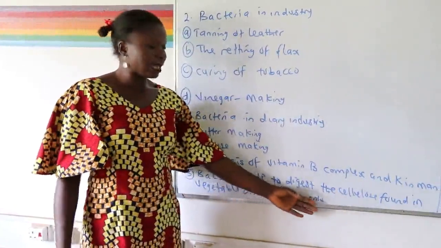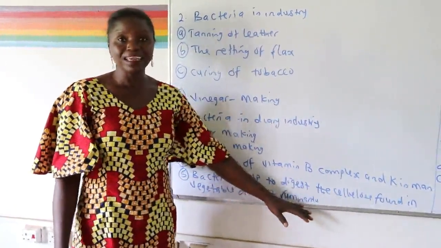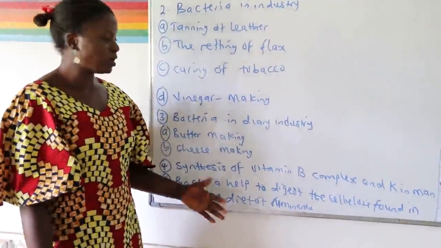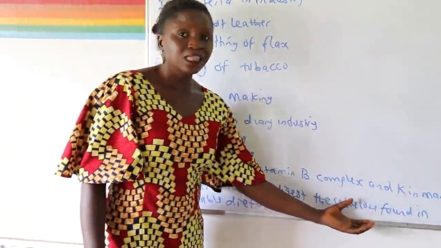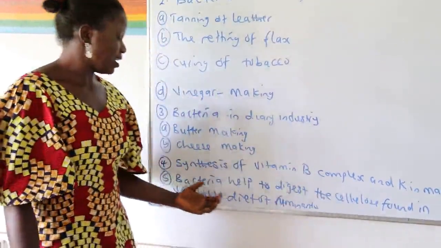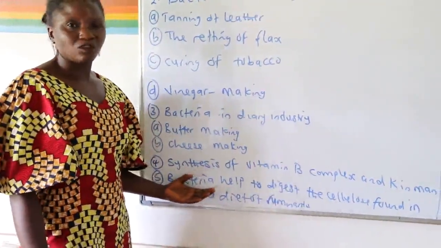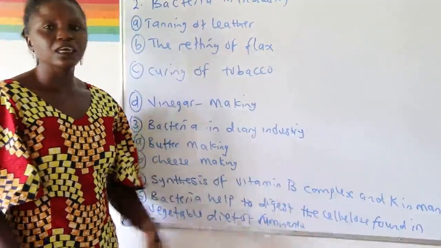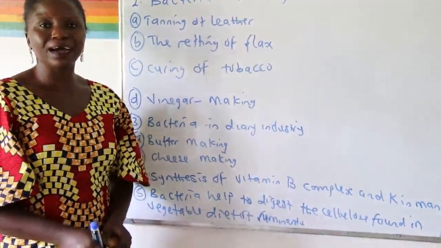Ruminant animals are animals that have 4-chamber stomachs, and the majority of their food is vegetable. When they eat that vegetable, it contains a component called cellulose. This cellulose is digested with the aid of bacteria, so bacteria aid in the breaking down of cellulose found in the vegetable that the ruminant animal eats.